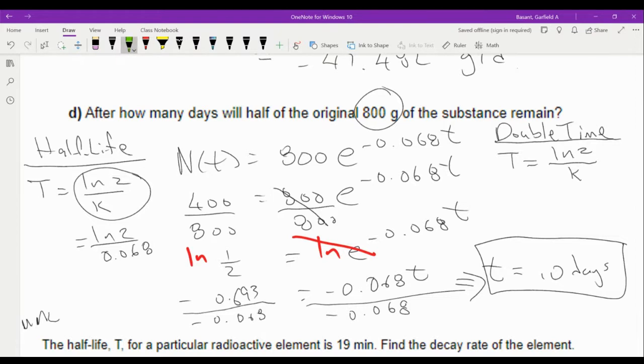Did anyone get an answer for that? Still the same answer, 10 days. There you go, 10 days, right? So you see, it's the same thing. So every time they ask you to find half-life or double time, just use this formula instead of going through all that algebra that we just did. Clear on that?